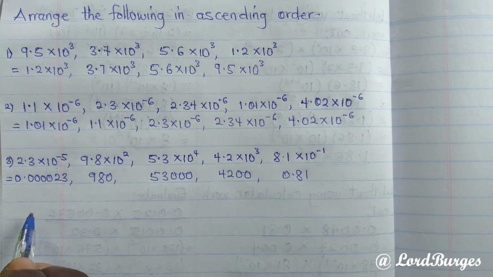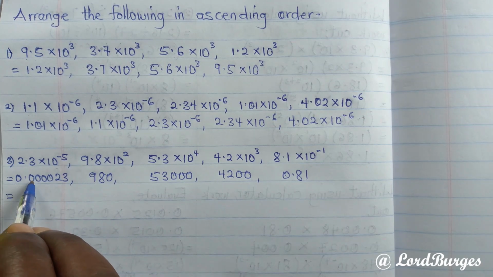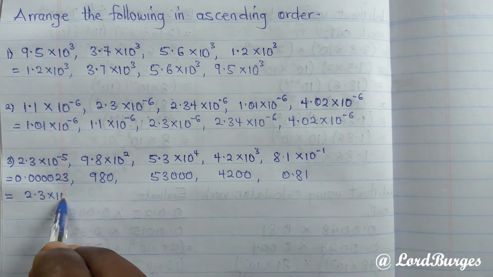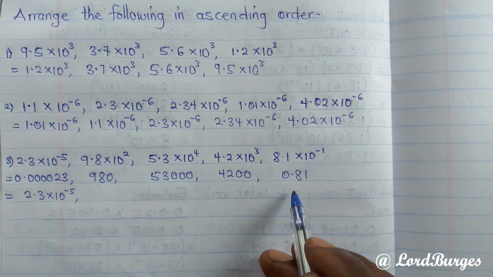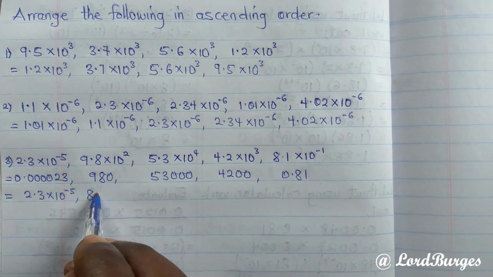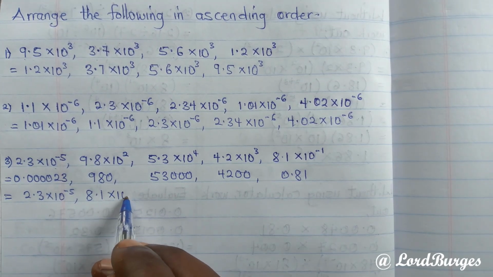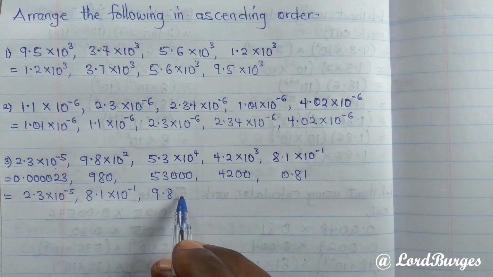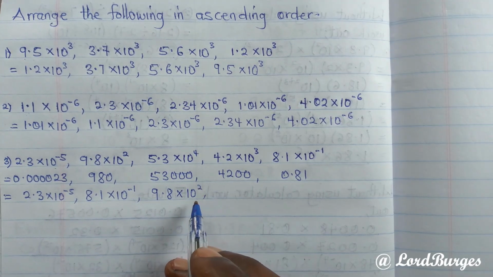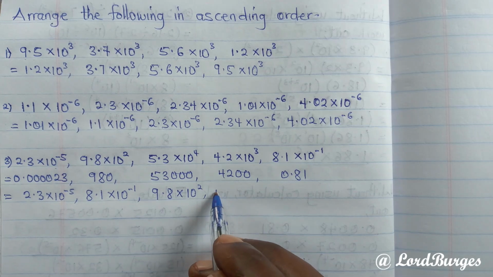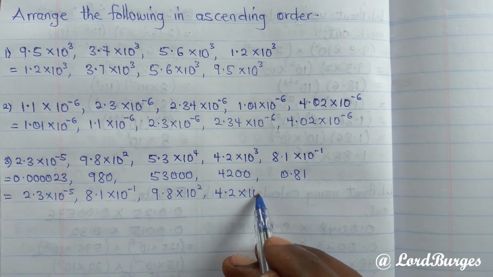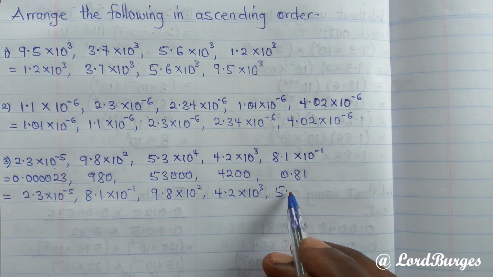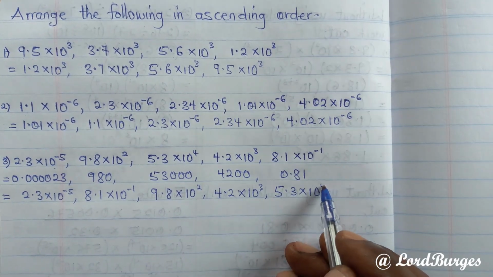Therefore, the smallest value here is 0.00023, which is 2.3 times 10 raised to the power negative 5, followed by 0.81, which is 8.1 times 10 raised to the power negative 1, followed by 980, which is 9.8 times 10 raised to the power 2, and the next is 4,200, which is 4.2 times 10 raised to the power 3, and finally 53,000, which is 5.3 times 10 raised to the power 4.